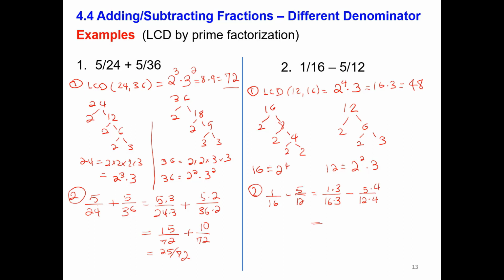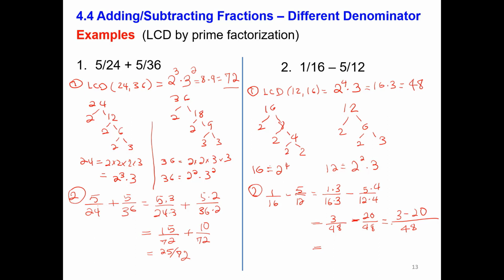That equals 1 times 3 is 3, 16 times 3 is 48, and 5 times 4 is 20 over 48. Then we just keep the same, 3 minus 20.